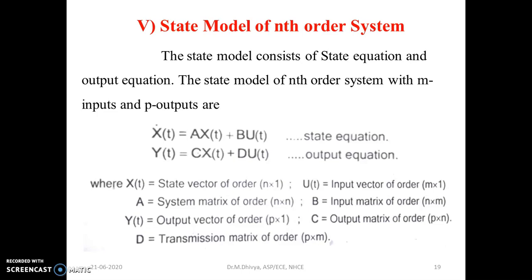A is the system matrix, B is the input matrix, y of t is the output vector, C is the output matrix, and D is the transmission matrix. You can infer the coefficient matrices' orders, and the input vector, output vector, and state vector as column vectors. So, this is the state model of the nth order system.